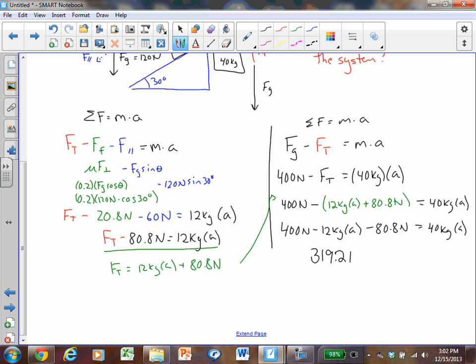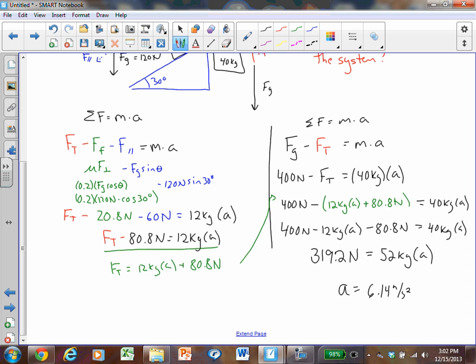Add the 12 kilograms A over to the other side, and then A would be 319.2 divided by 52, which equals 6.14 meters per second squared.